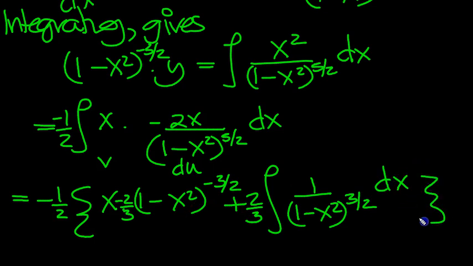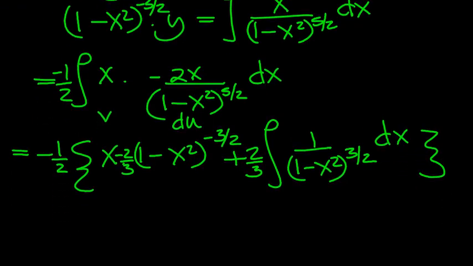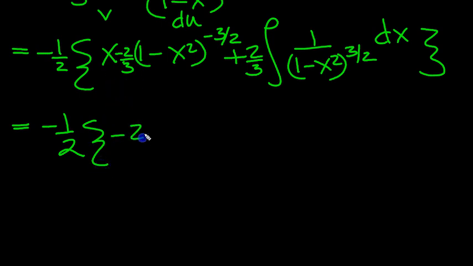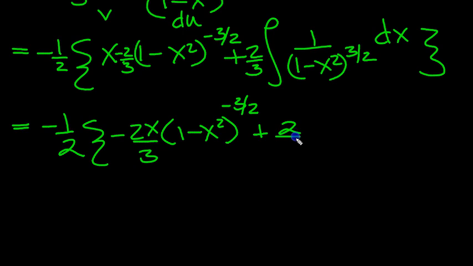So that's what we get then, which is not very nice at all. So we get minus a half, minus 2x over 3, (1 minus x squared) to the minus 3 over 2, plus 2/3.